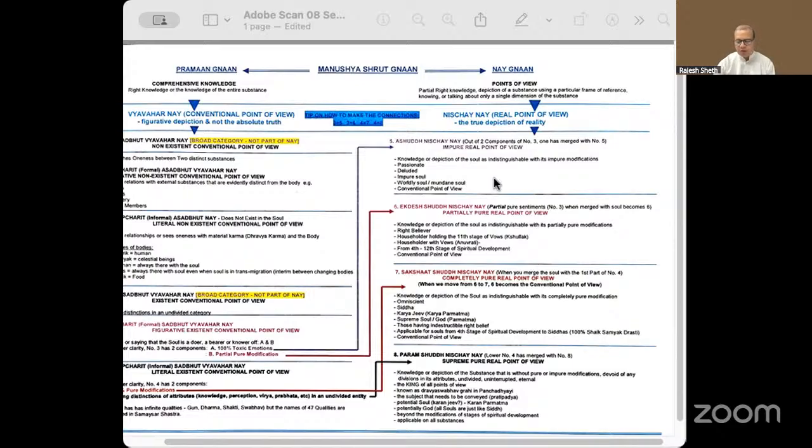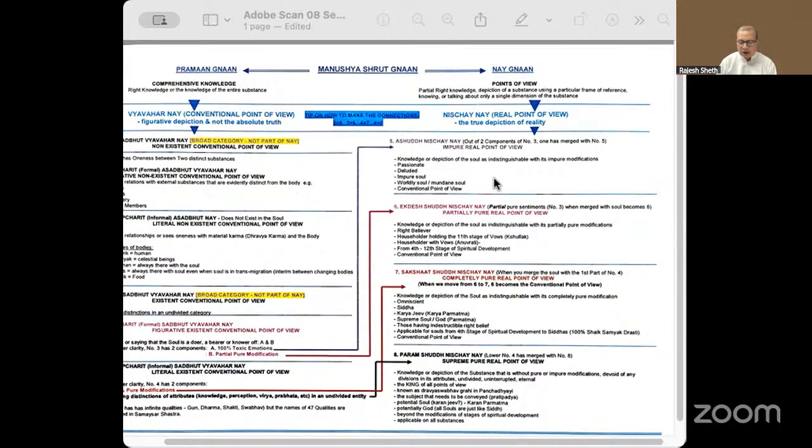From this point of view, a soul with right belief is a right believer, or a realized soul. It depicts the soul as completely pure based on partial purity that has manifested and completely ignores the impurity. Number 6 completely ignores the impurity.